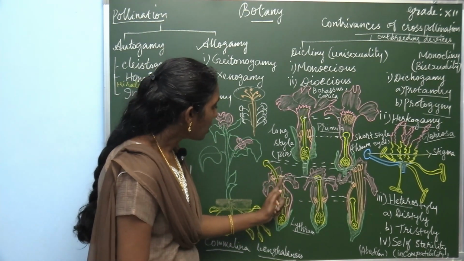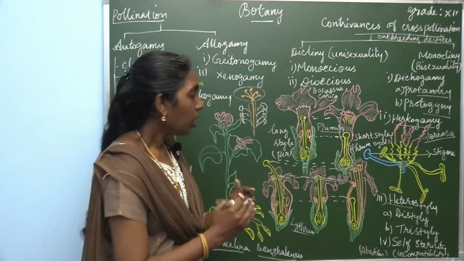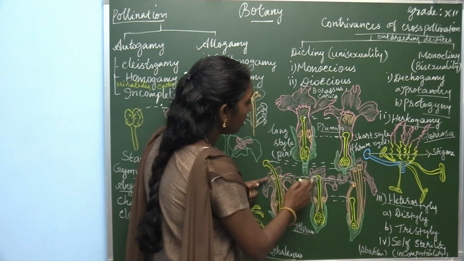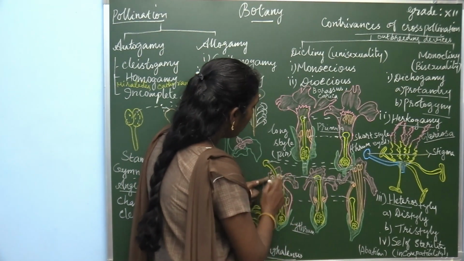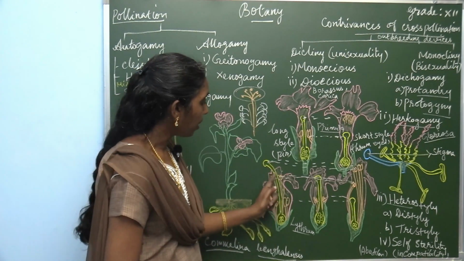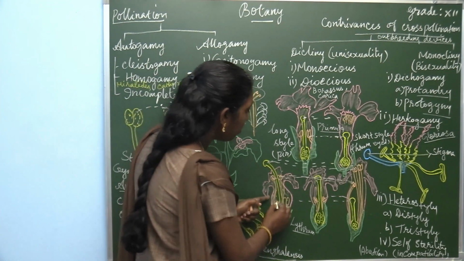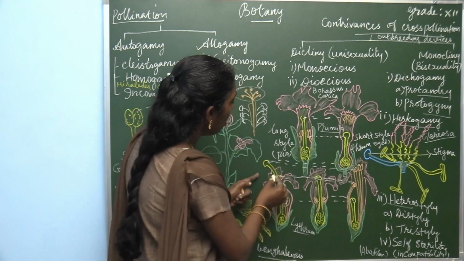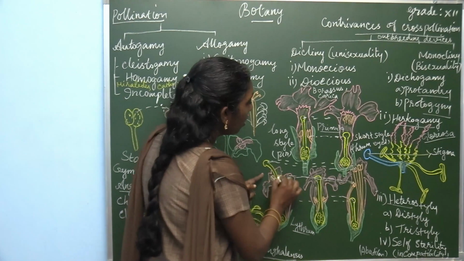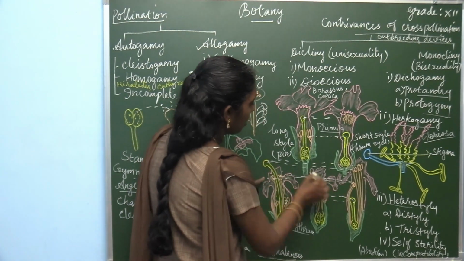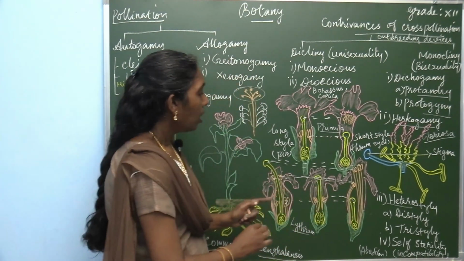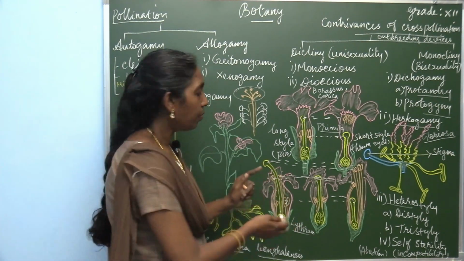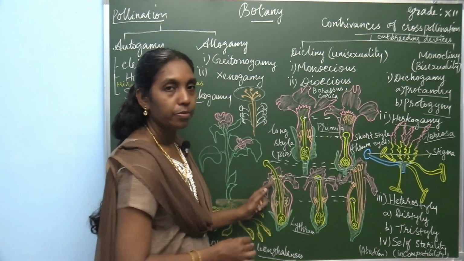And here is the stamen. The pollen from this anther is dusted on this flower, and there are different lengths of stamen, a long stamen and a short stamen. From this anther, the pollen grains are dusted on this stigmatic surface. From this long stamen, the pollen is dusted in this region. So pollination takes place between two different flowers, but it is impossible within the same flower.